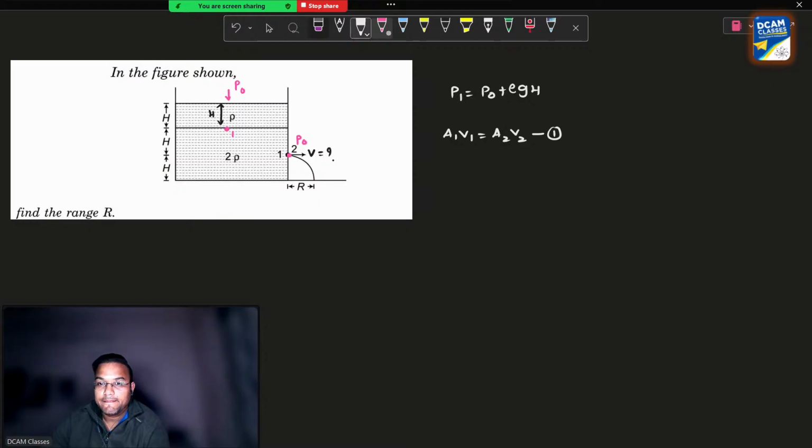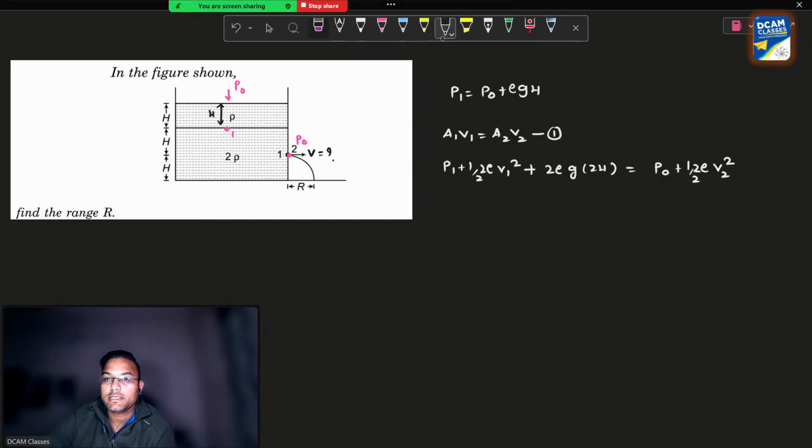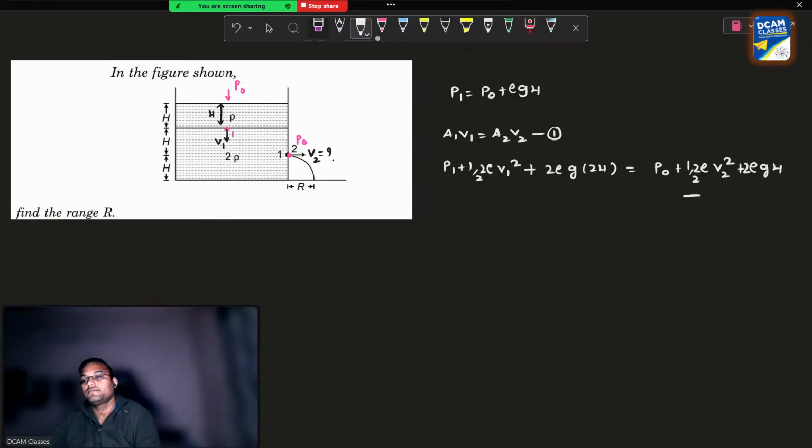And then P1 plus half into 2 rho into V1 square plus 2 rho into G into 2H is equal to P naught, because outside pressure is P naught, plus half 2 rho into V2 square. Let's say this velocity is V2, this velocity is V1 here, plus 2 rho G H. Like this, you will form the equation.